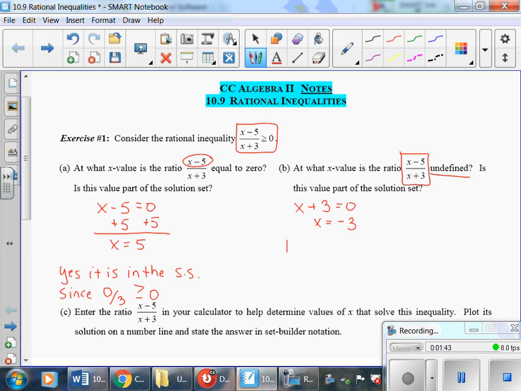No. X equals negative 3 is not in the solution set, since the ratio is undefined at that point. All right, I think that's pretty straightforward.